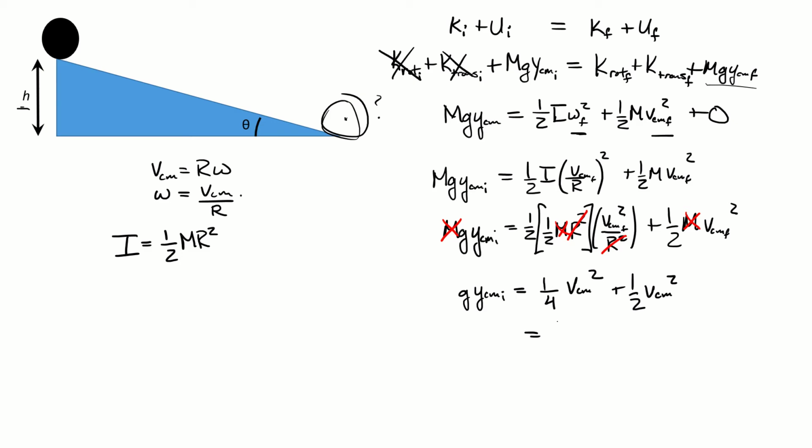Or if we add these together, this is 3/4 v center of mass squared is equal to g y center of mass initial. Or solving for v center of mass at the end, it's going to be equal to the square root of 4 divided by 3 times g, and since we started at some height h, this is just g times h, all square rooted.